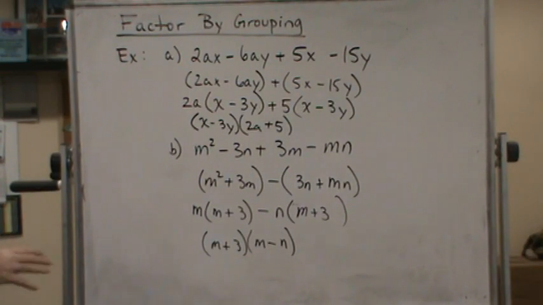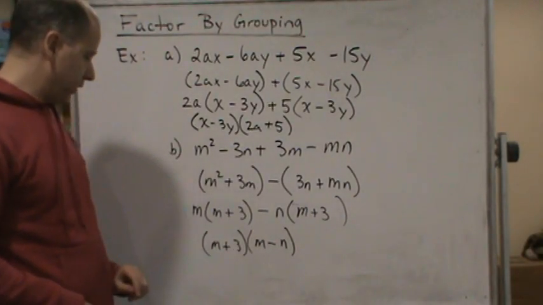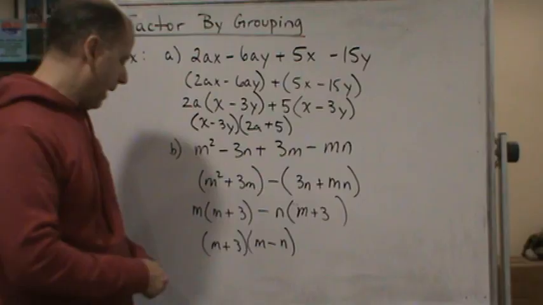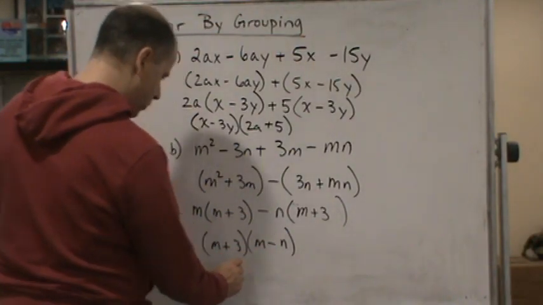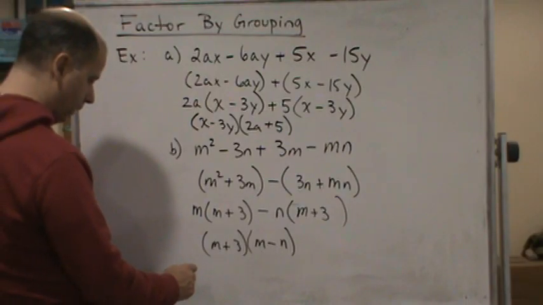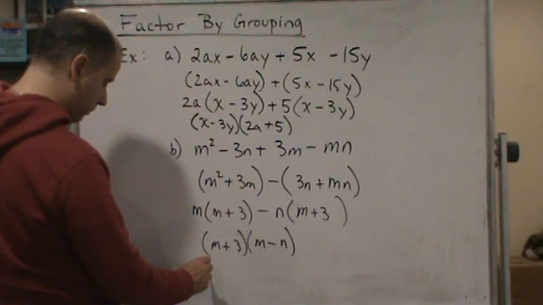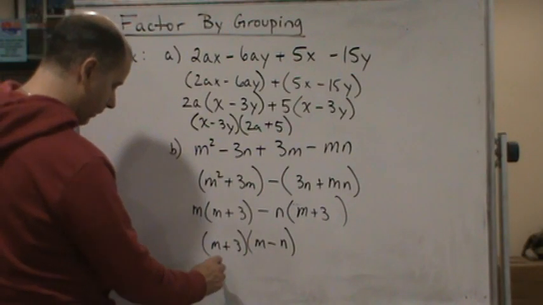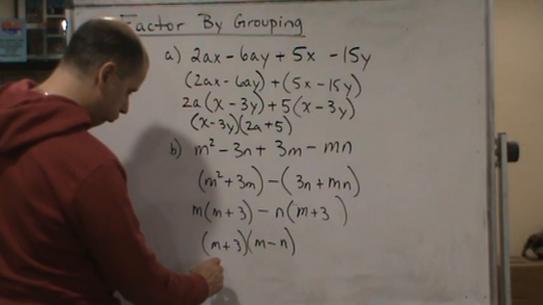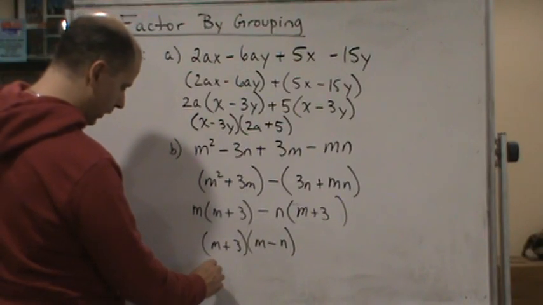Now also, just so you know, you can get different forms when you factor this out. For example, if you did it differently, you might get a negative out, right?